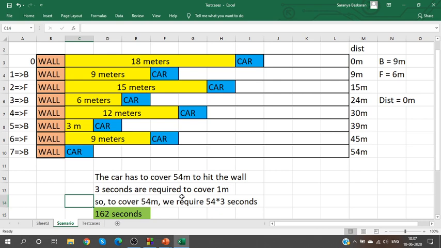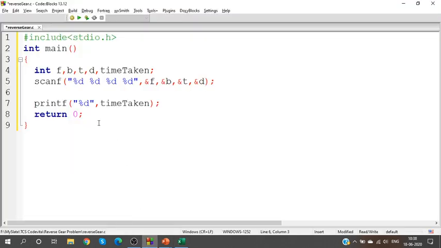Okay, so here first, I'll tell you how to approach this problem in a basic method. What can I do here? First step, the car moves backwards. If it moves backwards, the distance between the wall and the car will reduce.